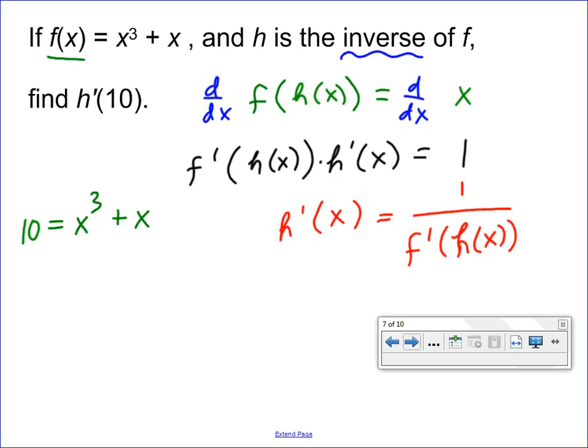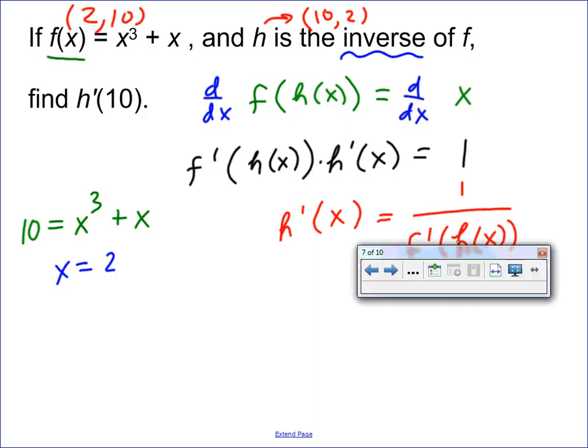2, through inspection. So the point 2 comma 10 is on f. This means that if 2 comma 10 is on f, what must be on h? 10 comma 2. All right, how will that help us?